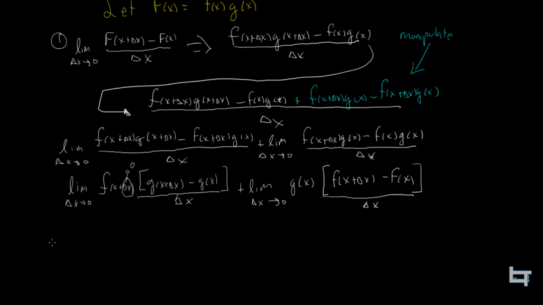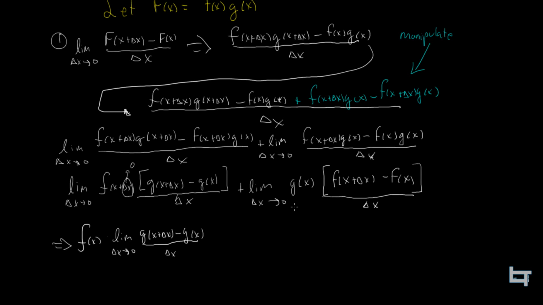What this gives us, finally, is we're going to take the constant f of x out, and bring the limit inside, according to properties of limits. So this will be the limit as delta x approaches 0 of g of x plus delta x minus g of x all over delta x.